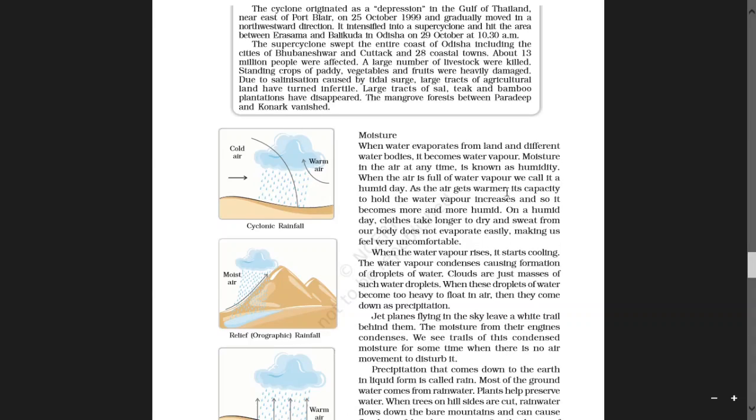As the air gets warmer, its capacity to hold water vapor increases, and so it becomes more and more humid.